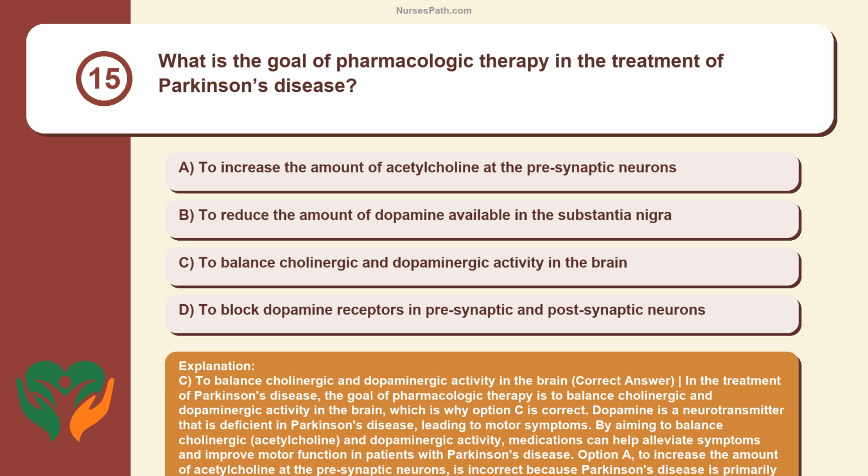By grasping the rationale behind the medications used, nurses can ensure safe administration, monitor for effectiveness, and educate patients and families on the purpose and expected outcomes of treatment. This knowledge enhances the quality of care provided to pediatric patients with Parkinson's disease and contributes to better patient outcomes.